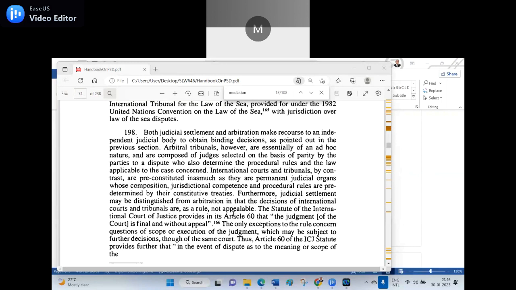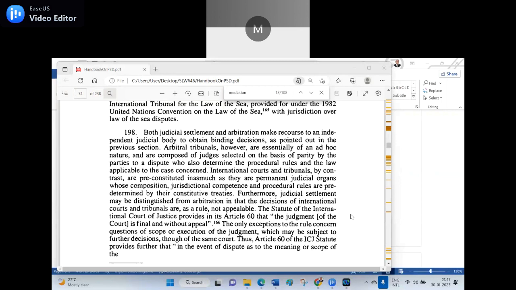TANESCO filed the case in the High Court first, and later in the Court of Appeal. But they held that when the parties agreed together to an International Tribunal to resolve the dispute, and the decision is given by following natural and fair means, neither the High Court of Tanzania nor the Court of Appeal of Tanzania can entertain changing the decision, because both parties agreed to the International Tribunal.